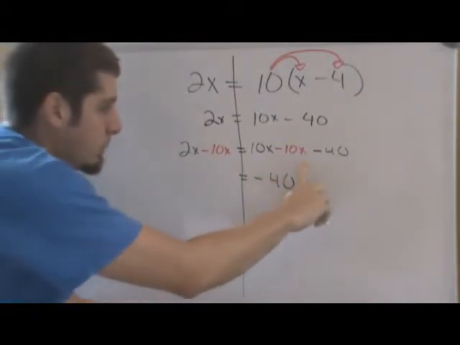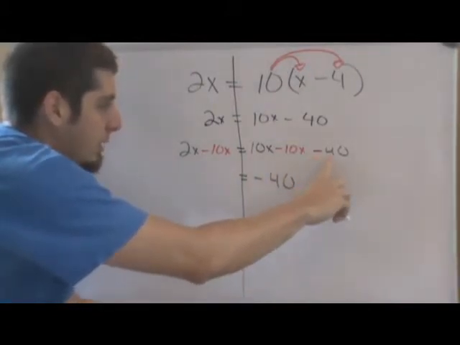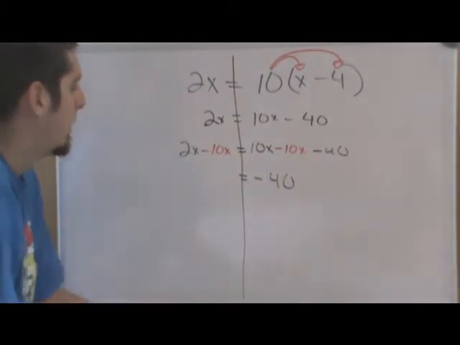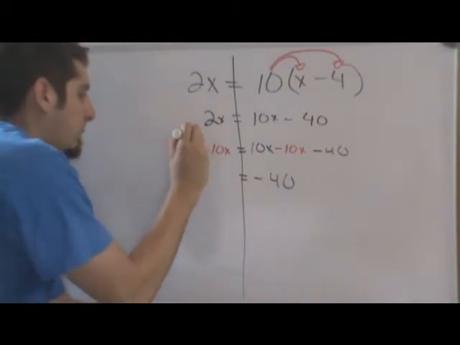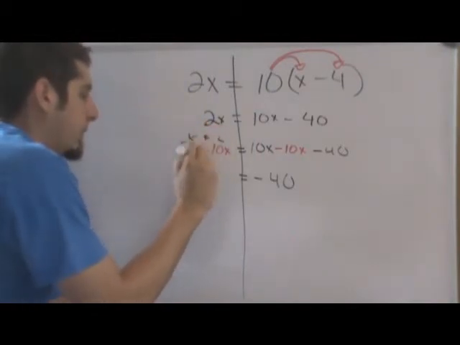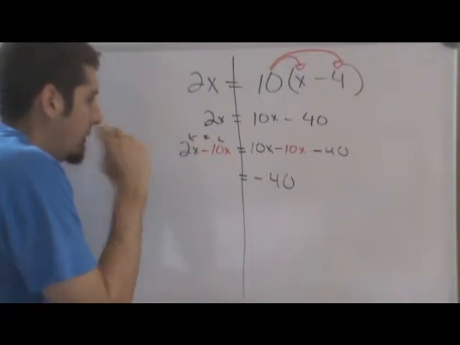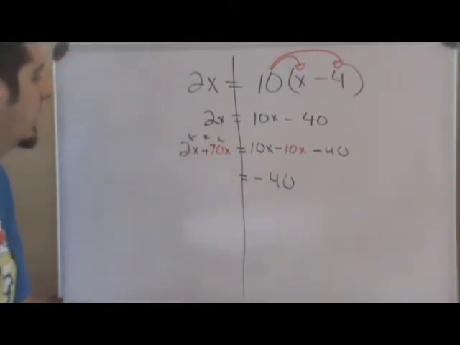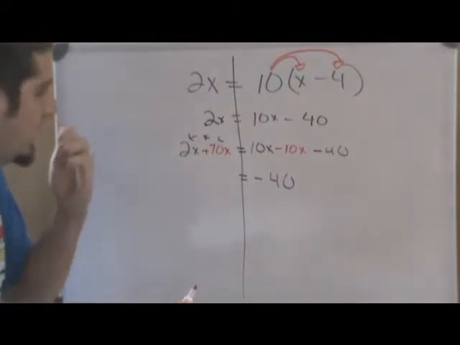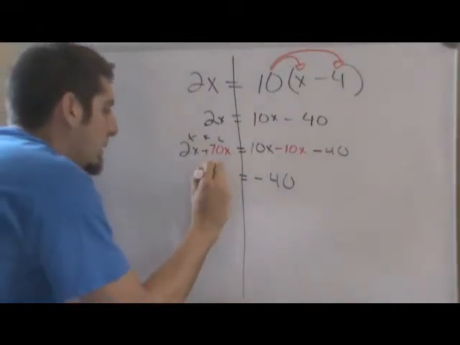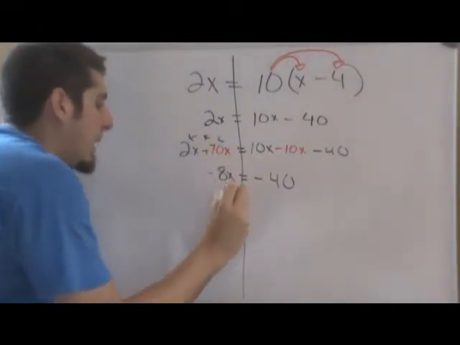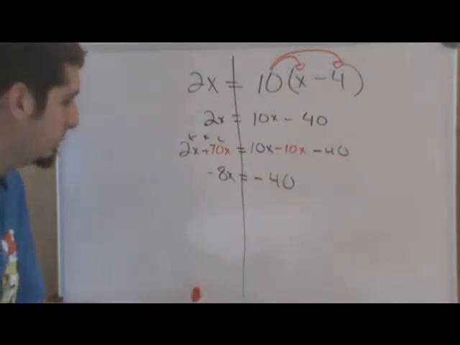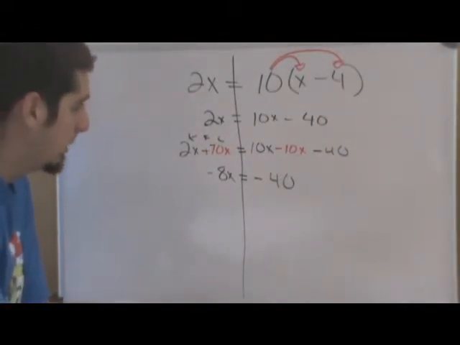Because if we use keep flip change on this, this turns into a plus negative 40. If we use KFC over here, keep the 2x the same, flip subtraction to addition, change the sign to the opposite. 2x plus negative 10x should get us negative 8x. At this point we have a one-step equation.